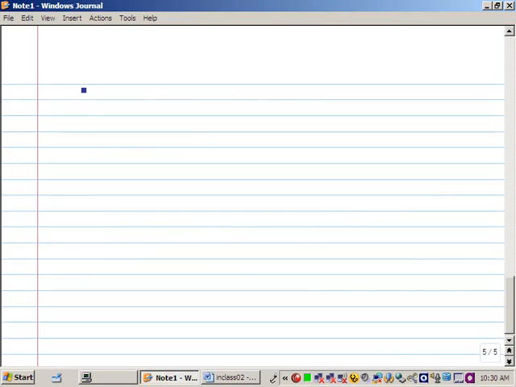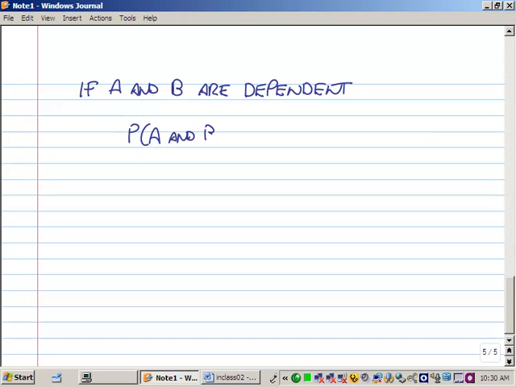But to be quite clear about it, if A and B are dependent, not independent, some students like to say, then the probability of A and B is not equal to the probability of A times the probability of B. That is the probability of B without the condition.